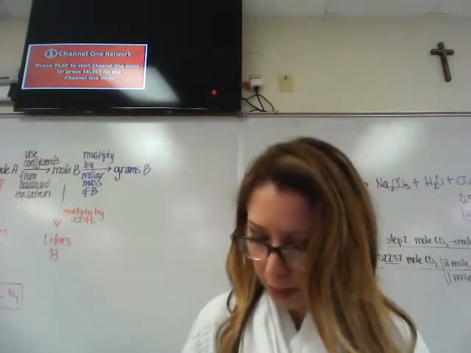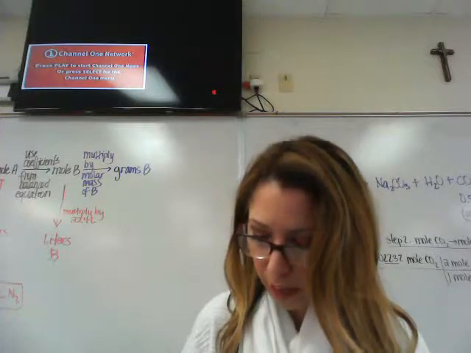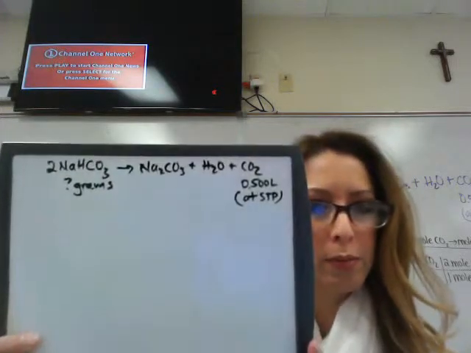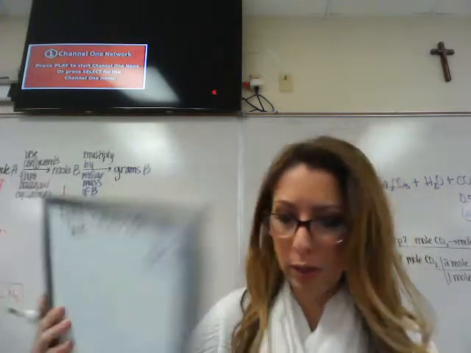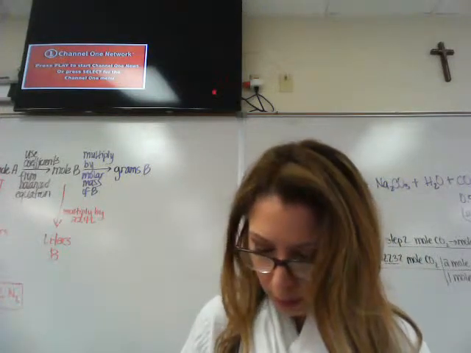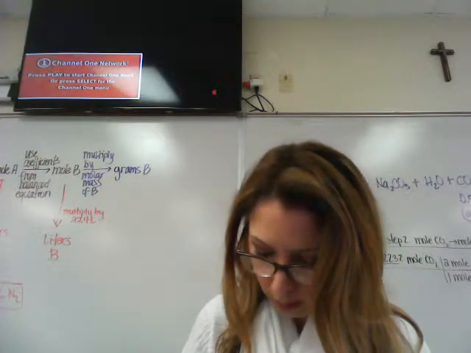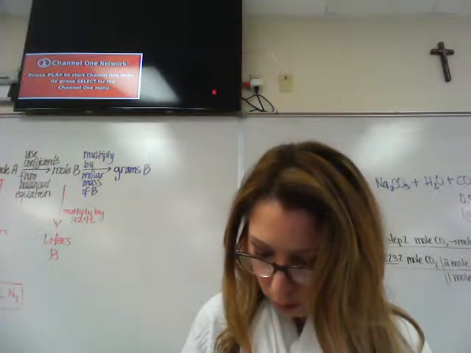And we want to know what the mass is of the sample. That means they want to know the mass of sodium bicarbonate. Okay? So if we're starting at liters, you can convert liters to moles by dividing by 22.4. So step number 1 is liters to moles of CO2.